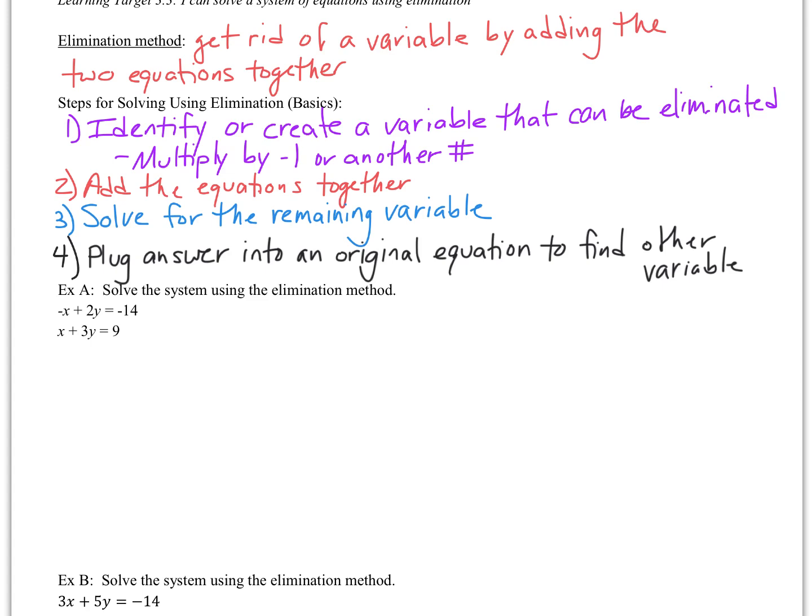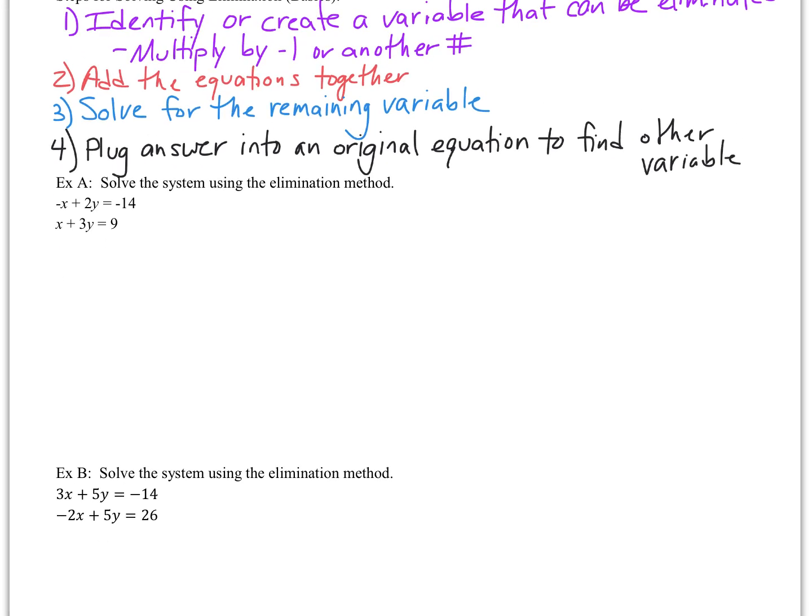So in example A, see how the top equation has a negative x, but the bottom equation has a positive x? If I add those together, what happens? Exactly, they cancel out, they eliminate. So we've identified our parts, so we're going to just add the equations together.